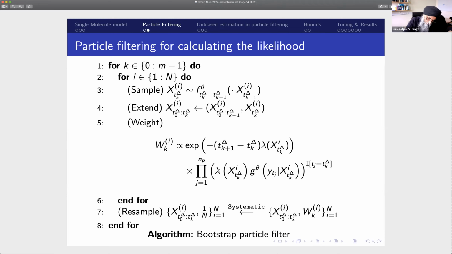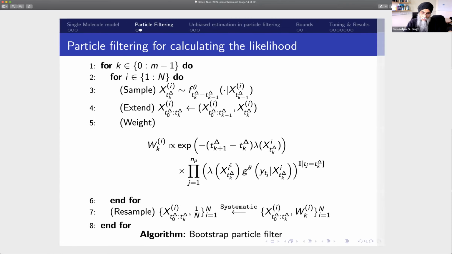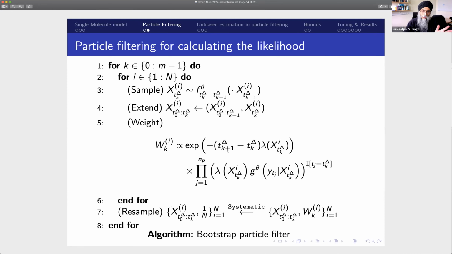Okay, so when you deal with the diffusion on a skeleton, although the path integral is there, so this is the naive algorithm, remember? Although the path integral is there, our method essentially converts this to a discretized model, which is a hidden Markov model in discrete time.